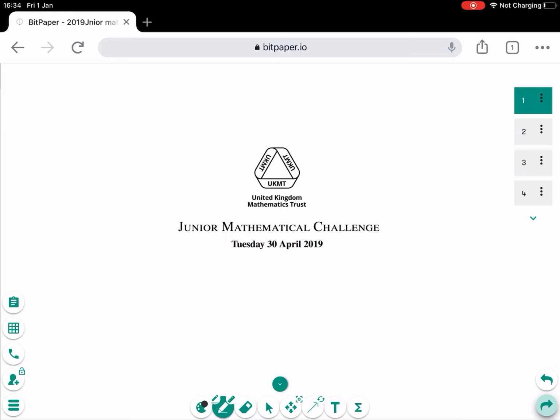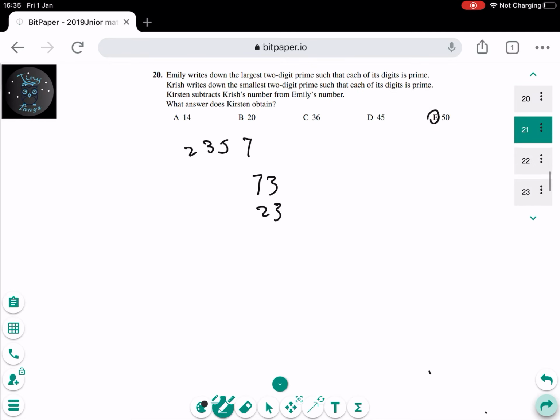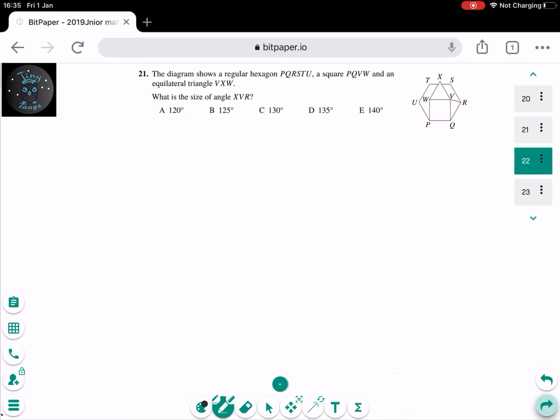Today we will be looking at questions 21 to 25 in the 2019 Junior Mathematical Challenge. Question 21 asks us what the angle XVR is. So this angle.